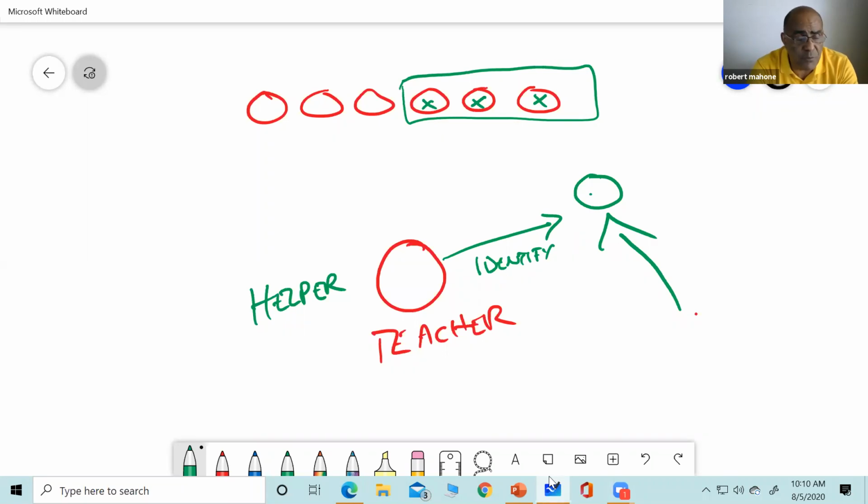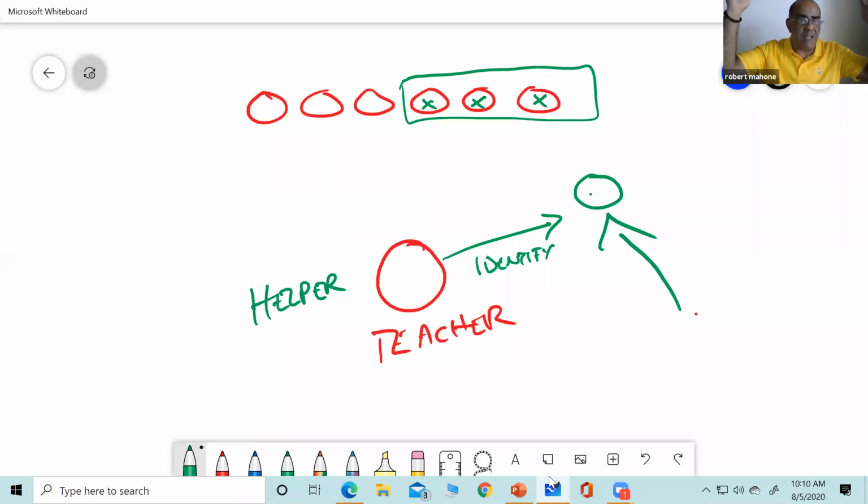In a classroom, think of it this way. The instructor standing up there teaching, somebody opens the door, the teacher might not see them right away. They might just keep on teaching. But all the students might see them, but the teacher doesn't. The immune system isn't going to do anything until the teacher or the helper T cell turns around and says, hey, what are you doing in here?